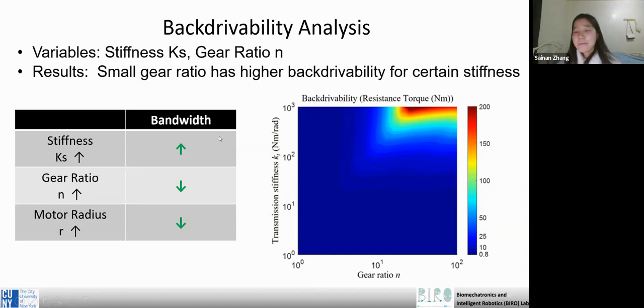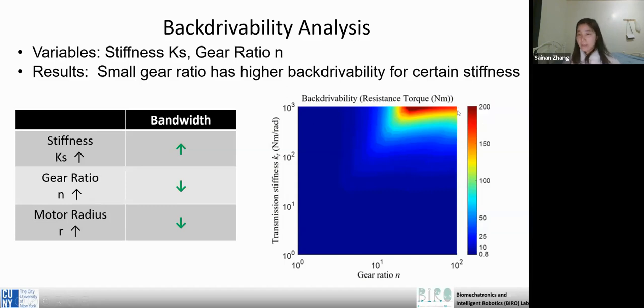So for the SEA, the gear ratio and the stiffness will be here. So it has a better backdrivability than the conventional. And the conventional actuator has a large gear ratio and a higher stiffness.